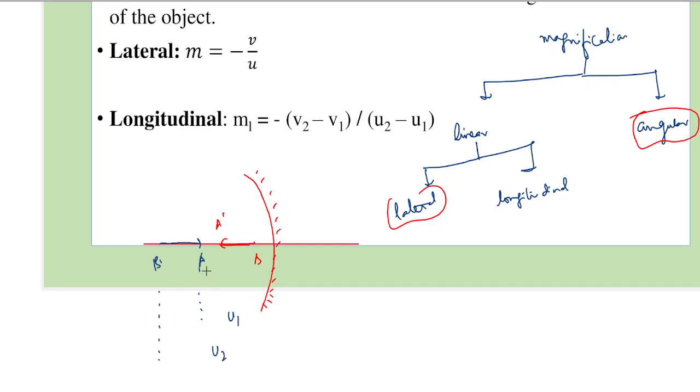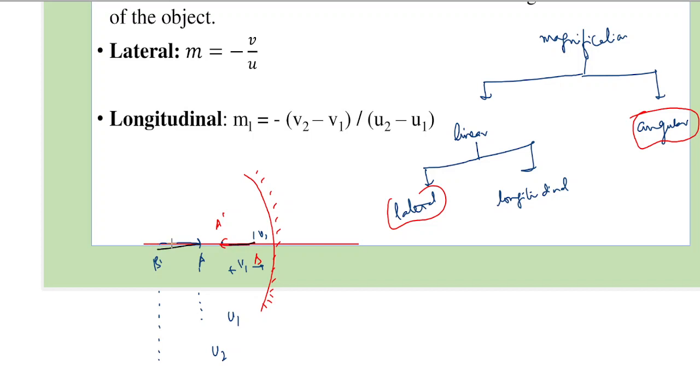So we're treating the two ends of the object as two points. Correspondingly, we get two images. We get the image corresponding to u1, so this would be v1 from here to here, and this would be v2. We take the difference v2 minus v1 by this difference. That is, we're finding the ratio of this length by this length.